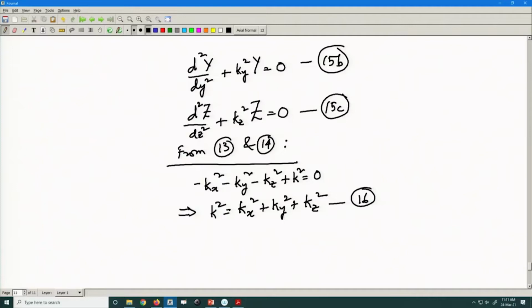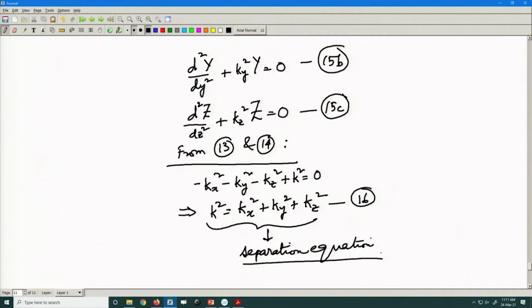We call it equation number 16. This is called the separation equation. It gives the relationship between the wave numbers k x, k y and k z along the 3 directions.